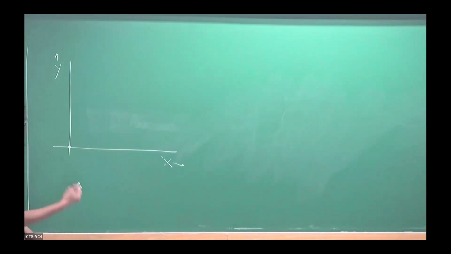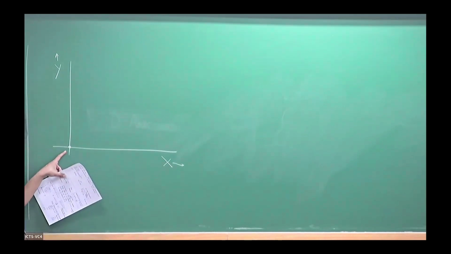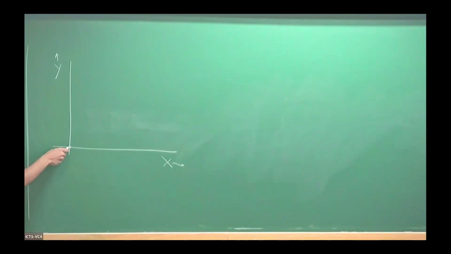Okay, so good. So let's try and ask what happens if we sit at x equals 0, y equals 0, and we add a little bit of the predator. If I add a little bit of the predator, where do I sit? Do I go up or do I go right? Up, right? And what happens if I go up? Do I draw an arrow that's going up, or do I draw an arrow that's going down? Ready? 3, 2, 1.